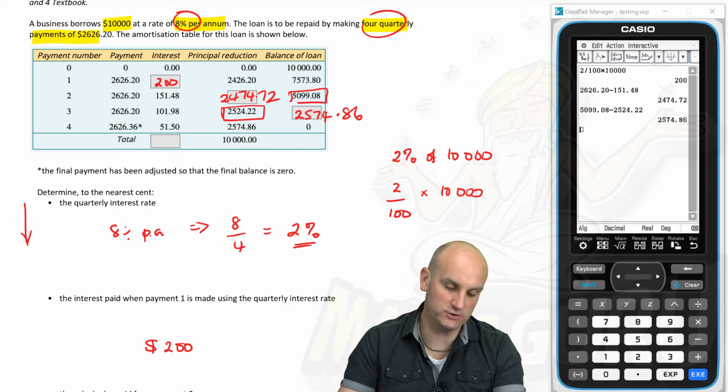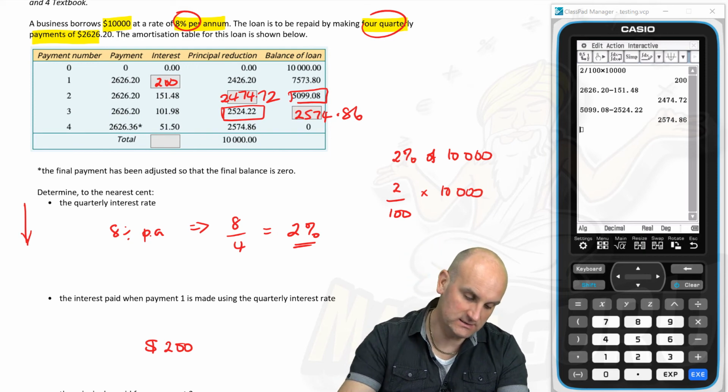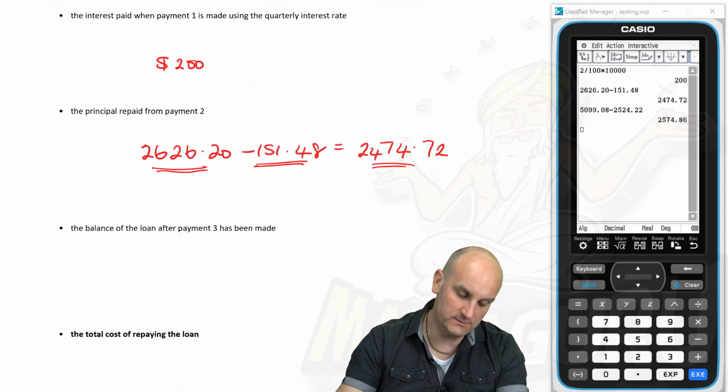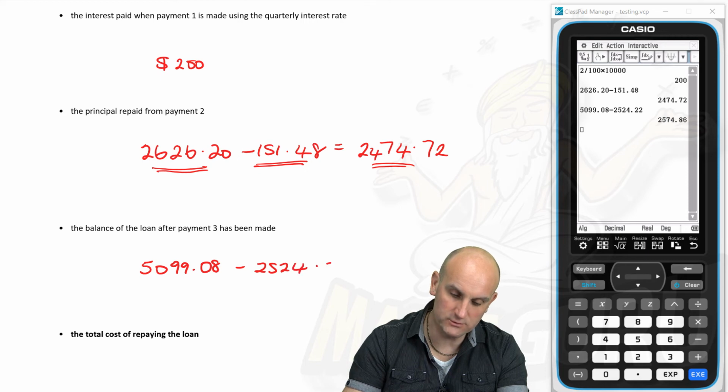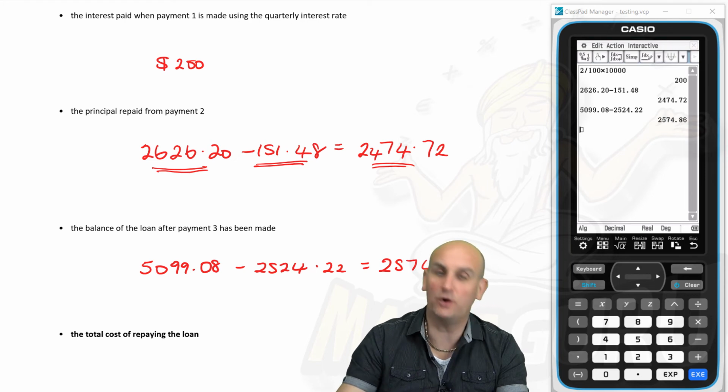Oh, thank you very much. And then let's just get rid of this box here and this box here. So I'll scroll up and do the notes. The balance of the loan after payment 3 has been made. 5099.08 minus 2524.22 gave me 2574.86.